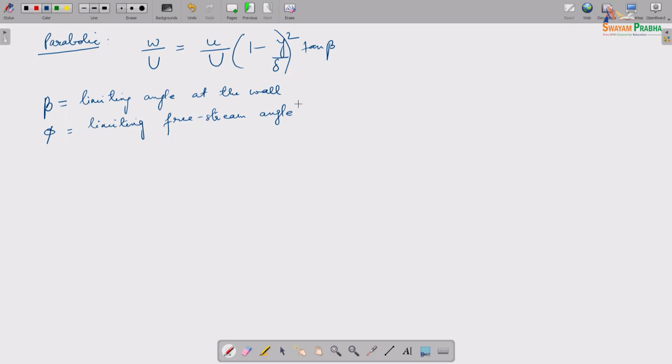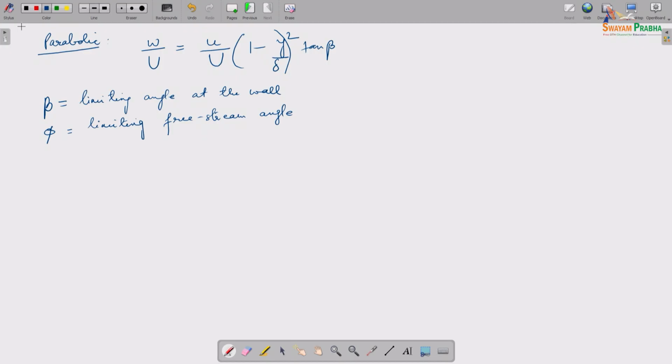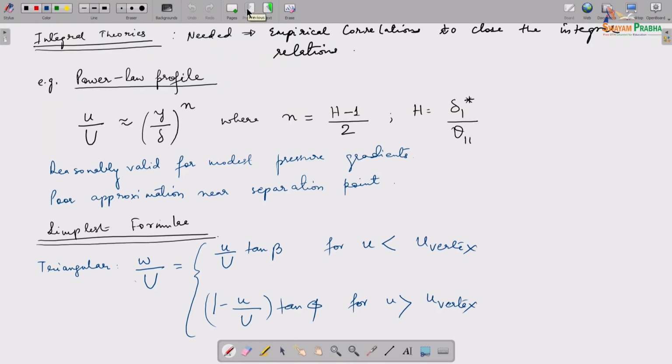If I look at the triangle approximation, the first one which we did, the relationship between W and U is given by this. Let's look at this plot.